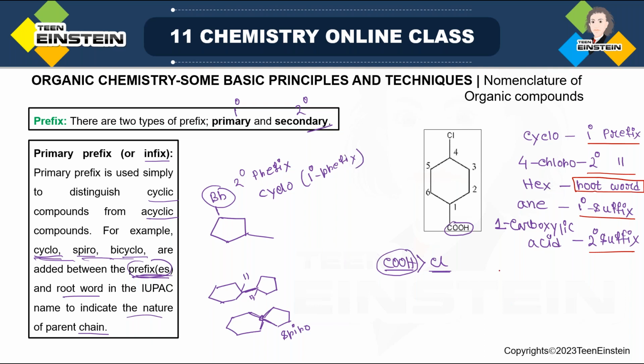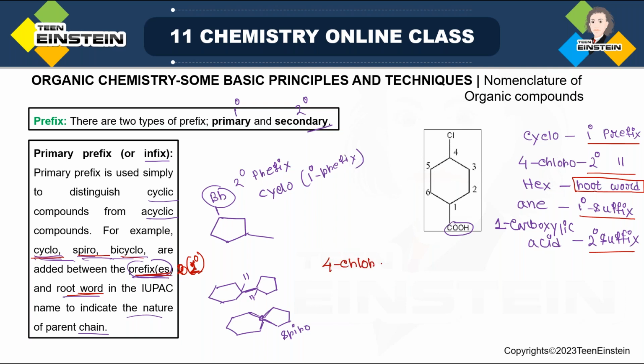So the name will be, we will start from 2° prefix, because see, it is mentioned these cyclo, spiro, bicyclo, they are added between 2° prefix and root word.